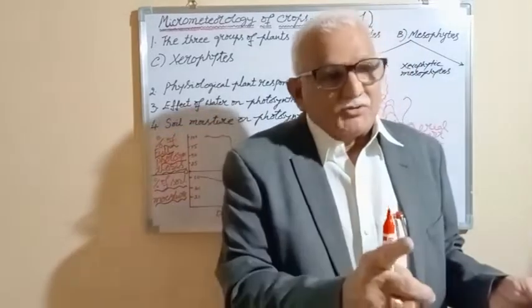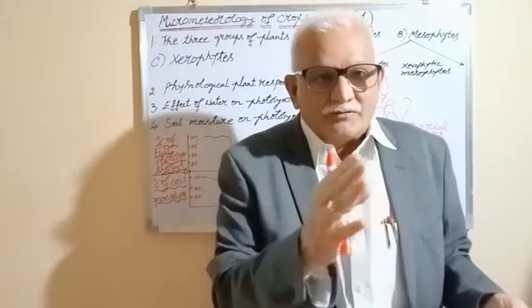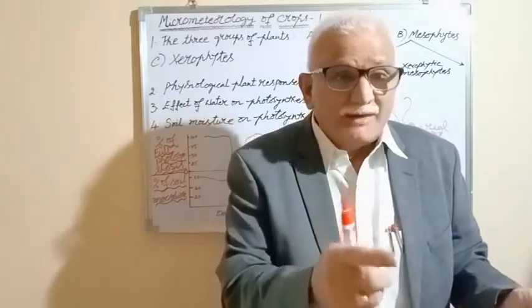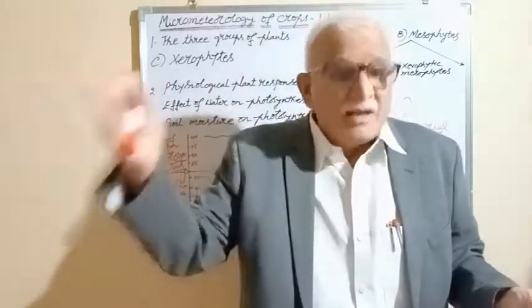Because as a PG student or PhD student, when you are writing the introduction, review of literature, material and methods, in the review of literature you should give the reason. You should support it during the results and discussion and summary, even in the abstract.